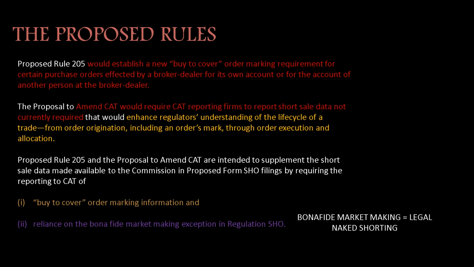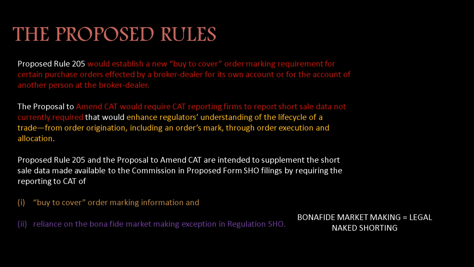Now, the required reporting to CAT is going to be two primary things, and this is where it gets interesting. Number one is the buy to cover that we just talked about, which is going to basically, whenever they cover their positions, mark it, so you'll know. And two, reliance on the bona fide market making exception in Regulation SHO, which y'all know what that is.